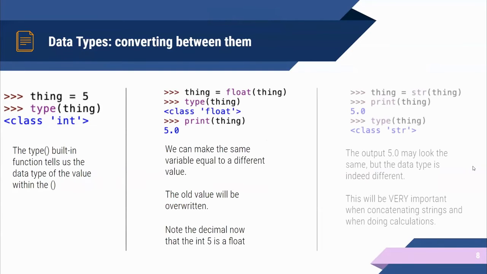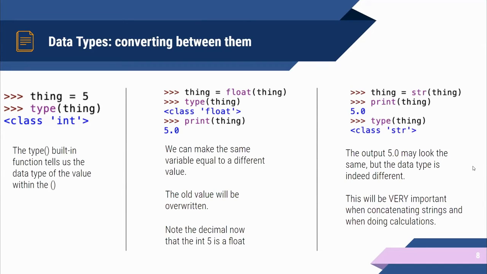And if at any point, let's say you had some really complicated logic and you were changing your variables in 5 different places, then sometimes you might not know for certain what the data type of that variable is in a particular instance. And sometimes you really do want to know what it is. So what you can do is use this type function, which I'll talk about more later.